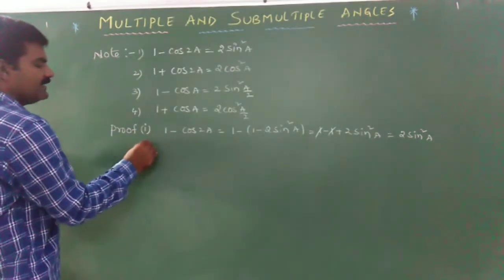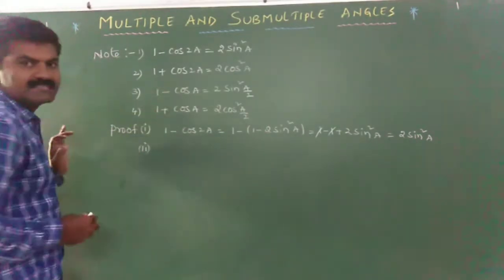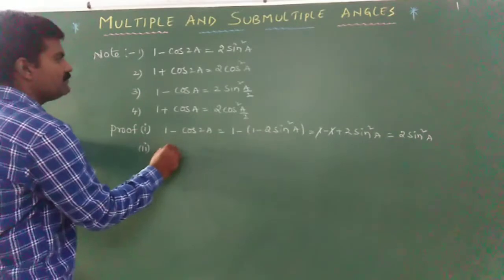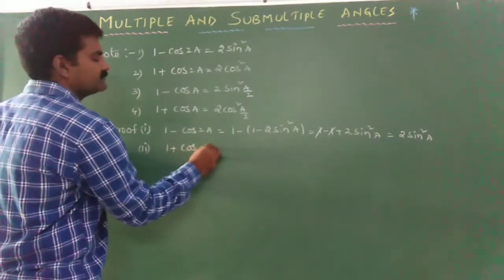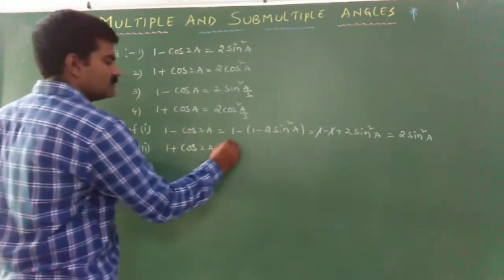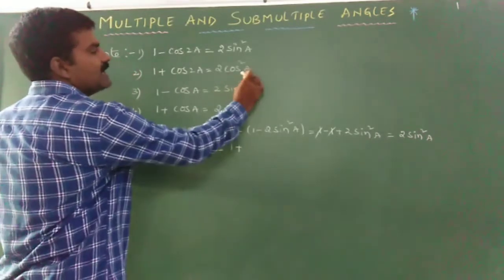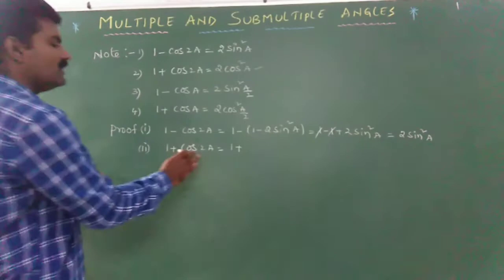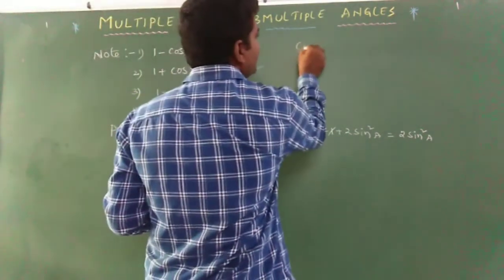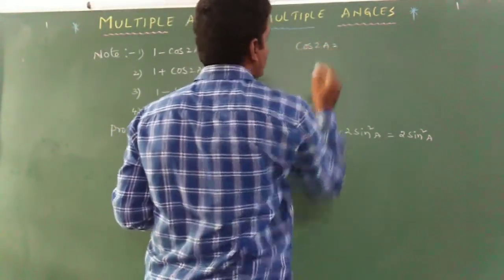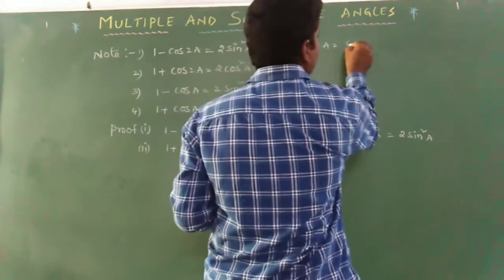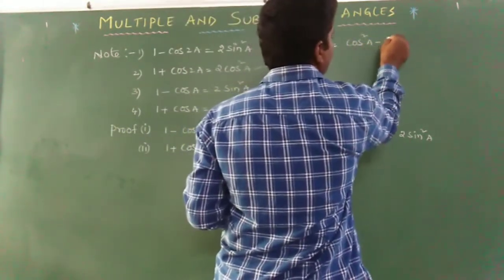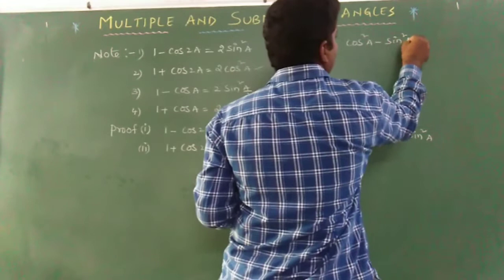In the same manner, coming to the next one, 1 plus cos 2a. Isn't it? So 1 plus, this time we need to write in terms of only cos. Before that, try to recall the formulas of cos 2a, my dear. So cos 2a is nothing but formula number 1, cos square a minus sin square a.